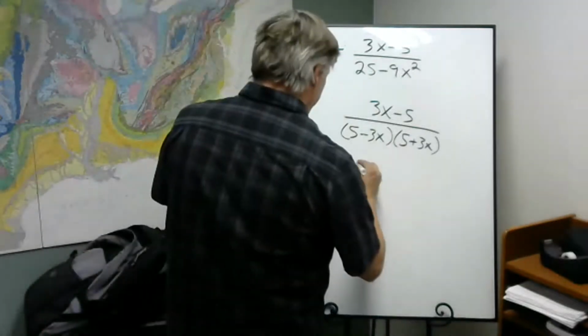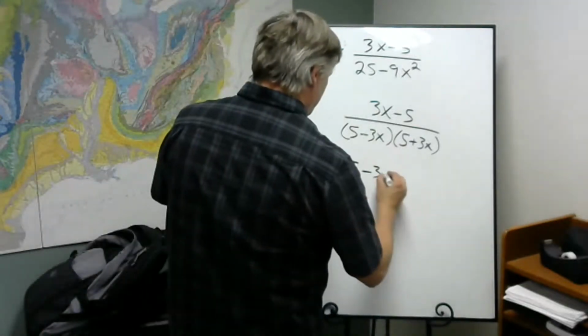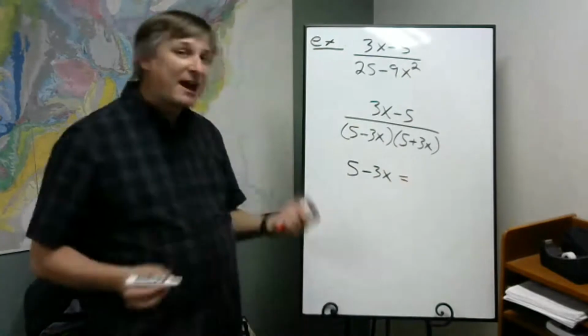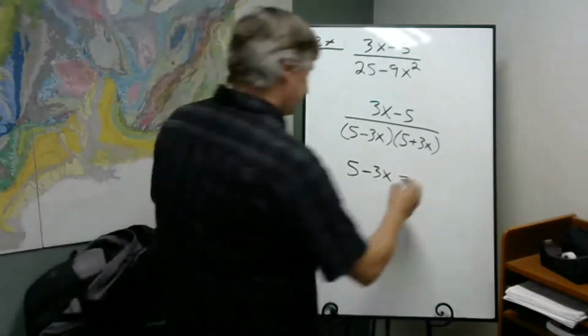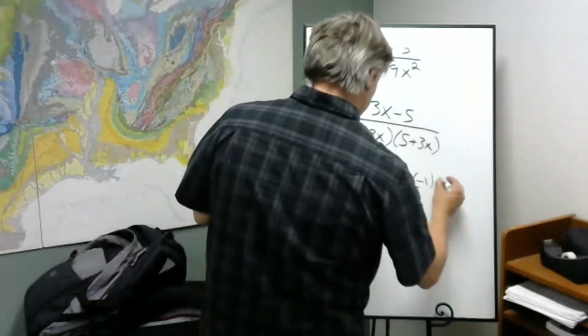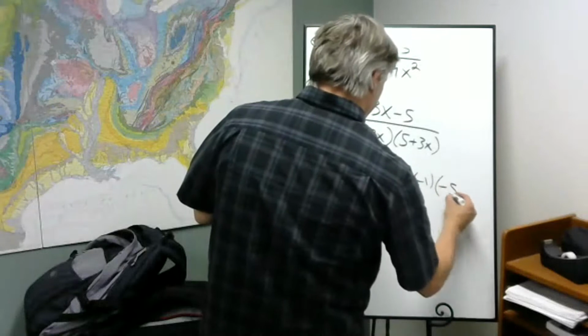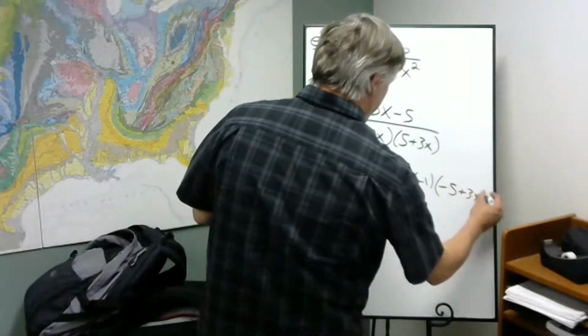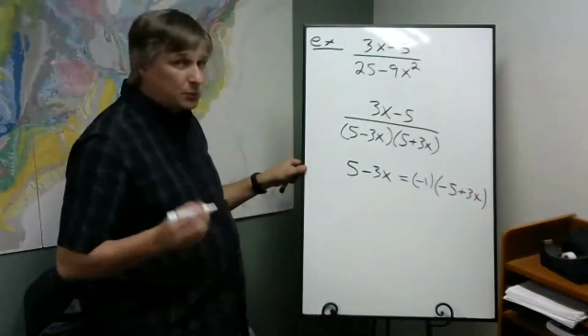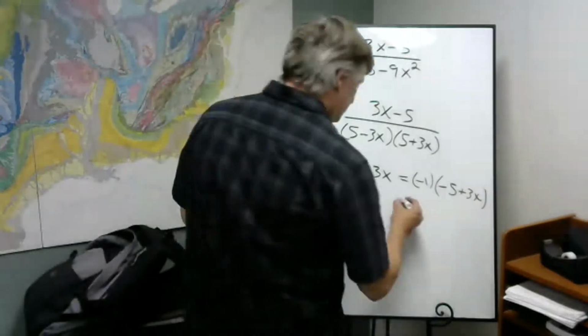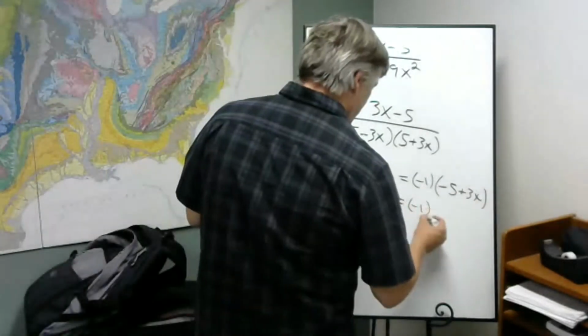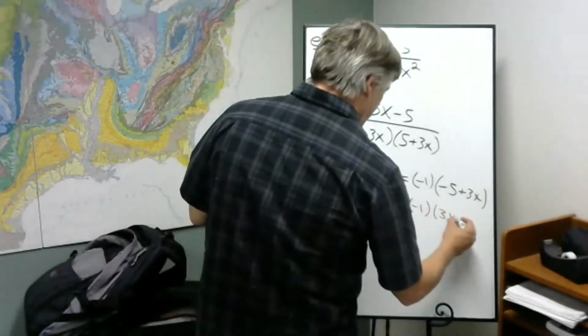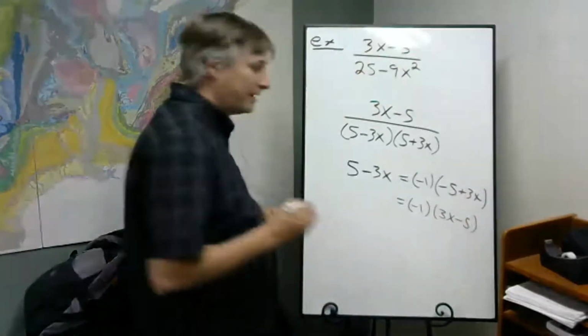We can take minus 3x and factor out a negative 1 to get minus 5 plus 3x, which we can rewrite as just 3x minus 5.